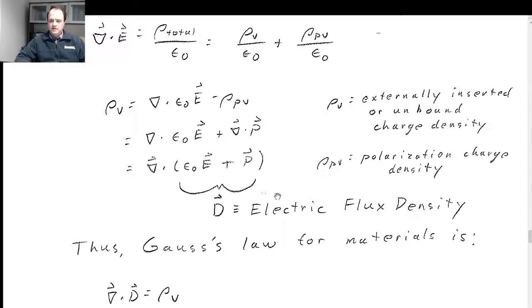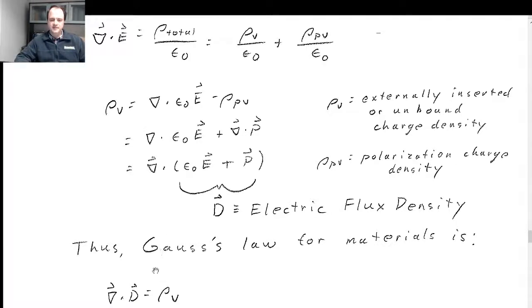And so we now define this sum of two different vectors, electric field and polarization density, as electric flux density, sometimes called the electric displacement. Some books call it entirely electric displacement, other books call it entirely electric flux density, and some books call them both.